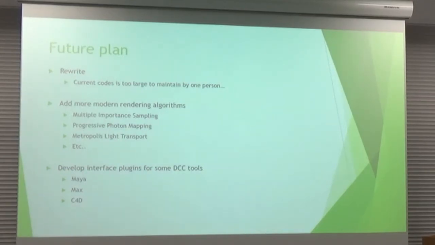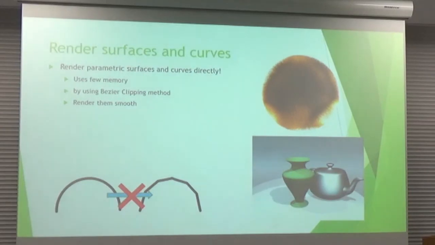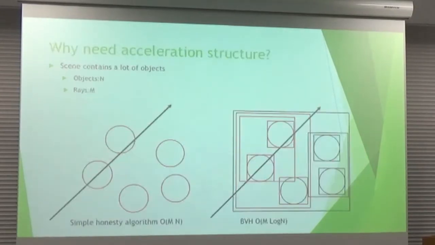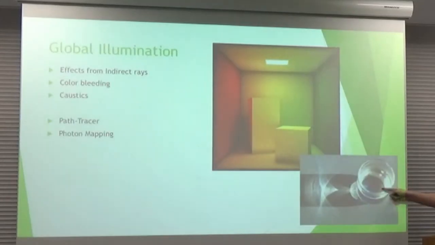The picture of the cup. Is that from Kaz Renderer? The glass and the rays of light. The cup with the water. Glass with the water. Yes. Is that a picture made by Kaz Renderer?